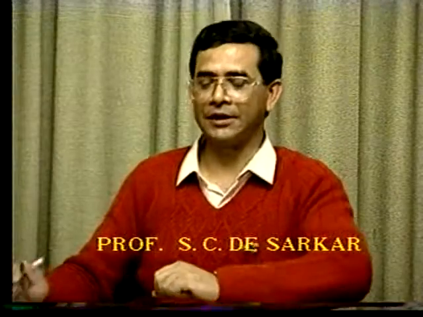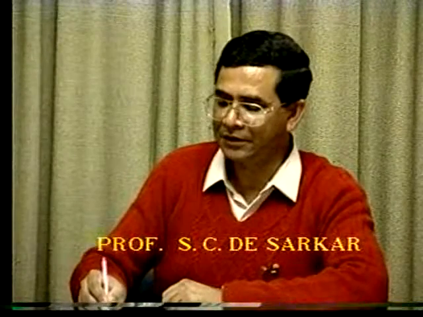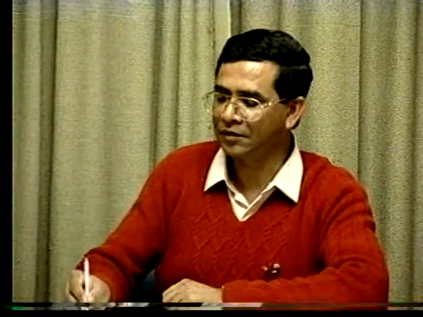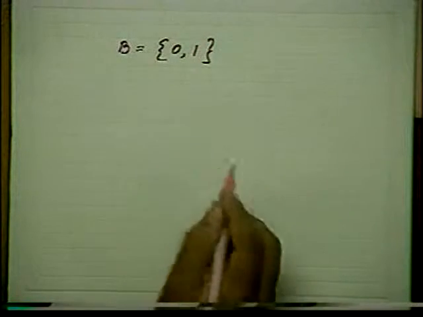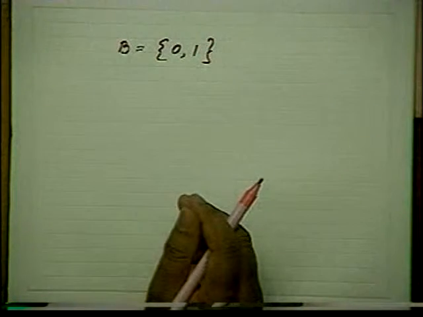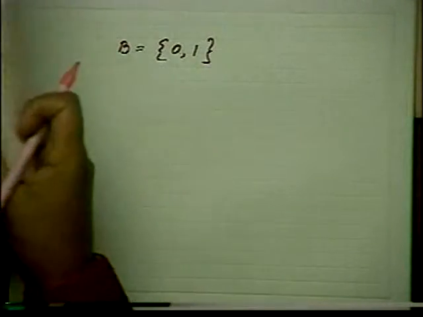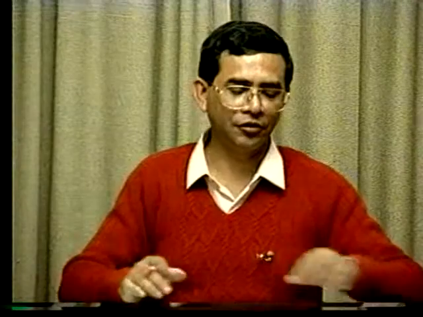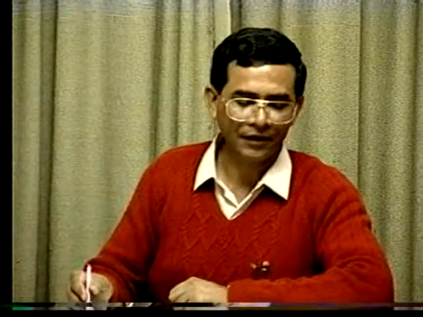Let's come to the 2-valued Boolean algebra, where B is equal to 0 and 1. If B has to be 0 and 1, then they themselves are the identity elements.